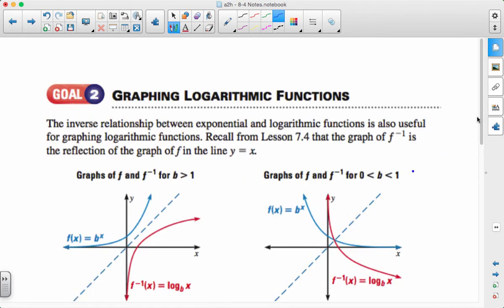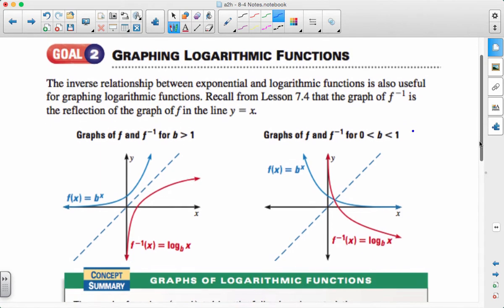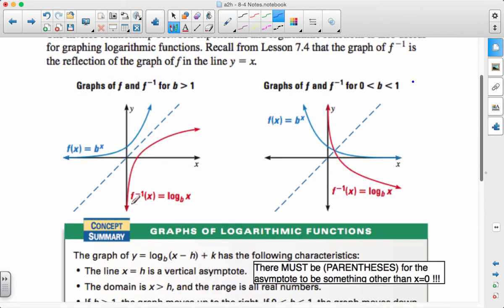In red here, you see these are log graphs. They sweep along a vertical asymptote and then curve over. They don't curve over on itself like this, but they curve and then extend to infinity up and beyond.